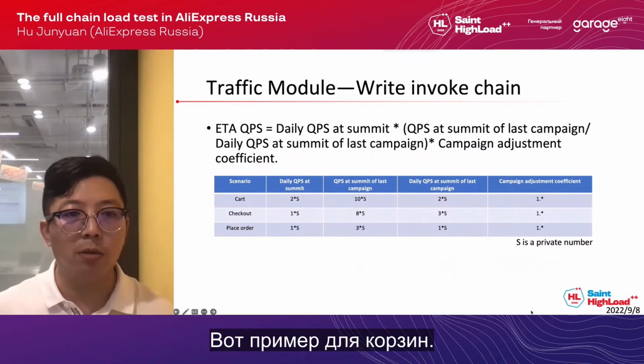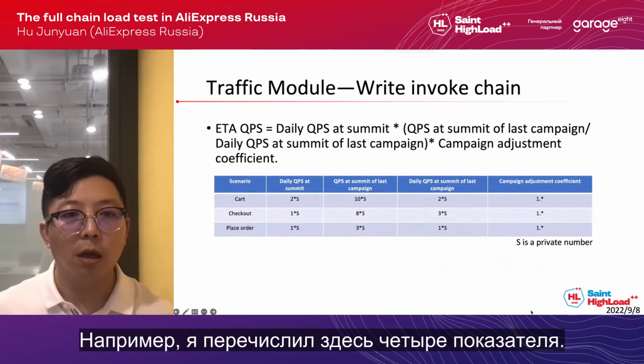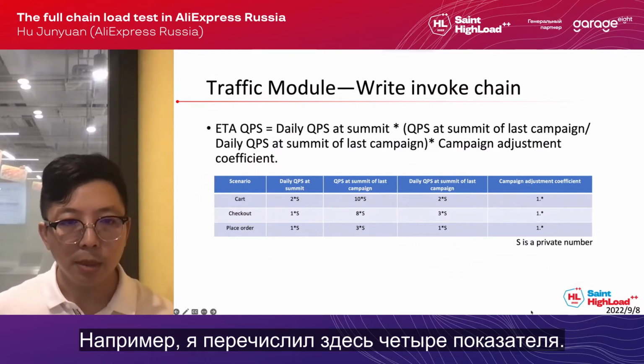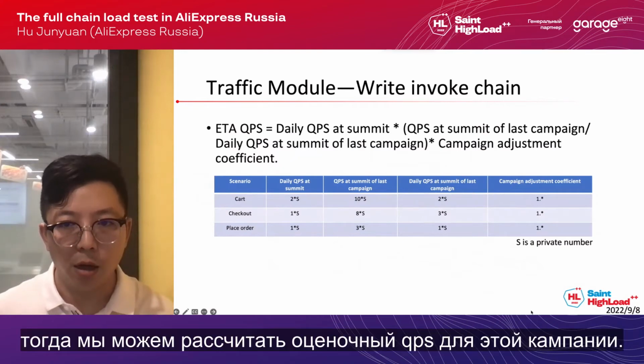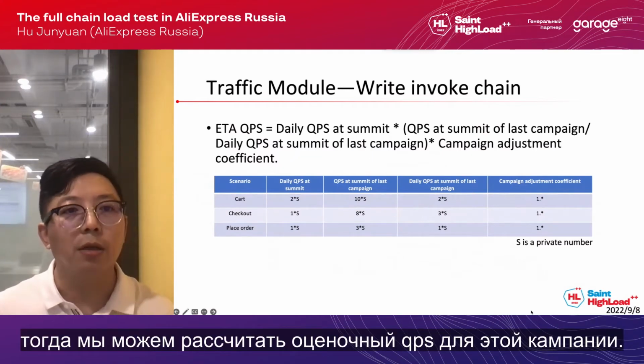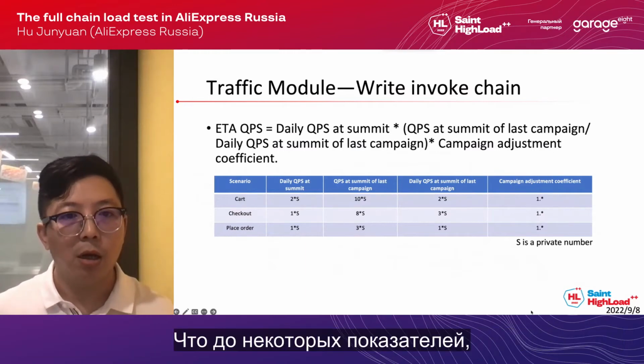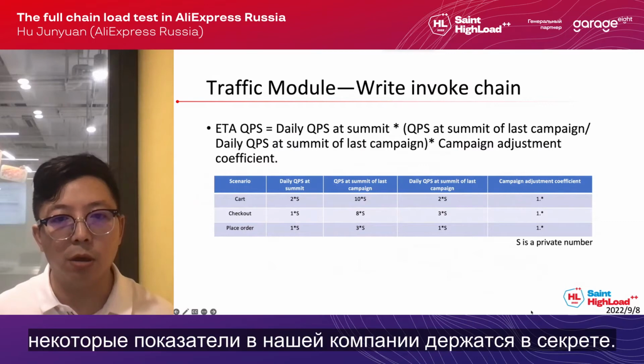Here is an example for the cart. For example, I have listed these 4 indicators here. Just multiply them together, and then we can calculate the estimated QPS for this campaign. Because of some indicators, the volume of the indicators is secret in our company.